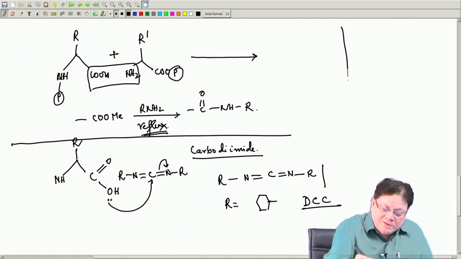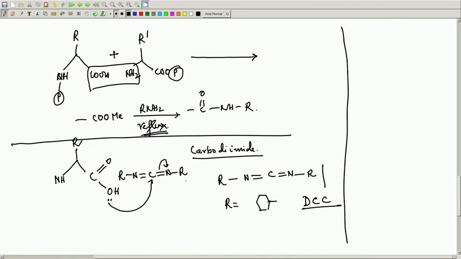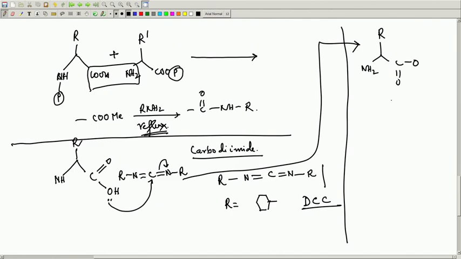So, the product is, I write here now, let us see what comes out. So, you have R and then NH, and you have CO and then O, and then you have C. On one side it is now NHR, and on the other side is NR, the double bond is still there.